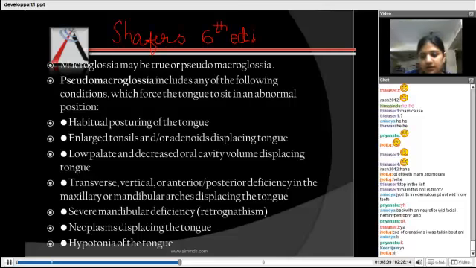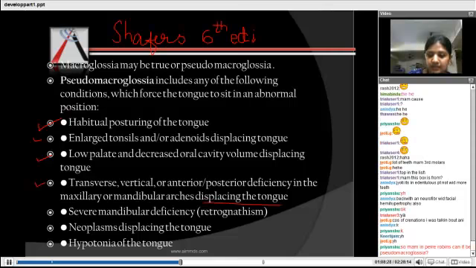Conditions where pseudo-macroglossia is seen are habitual posture, enlarged tonsils, low palate, decreased oral cavity volume, and deficiency between the maxillary and mandibular arches, be it transverse, vertical or anteroposterior, which displaces the tongue.